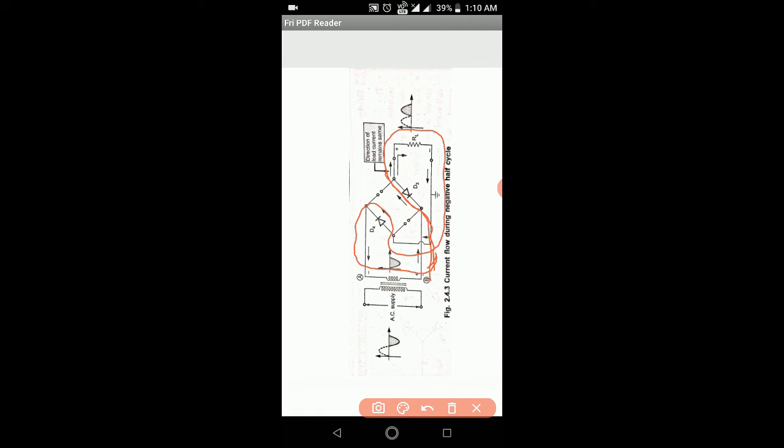It is seen that in both cycles of the AC the load current flows in the same direction, hence we get a full wave rectified output.